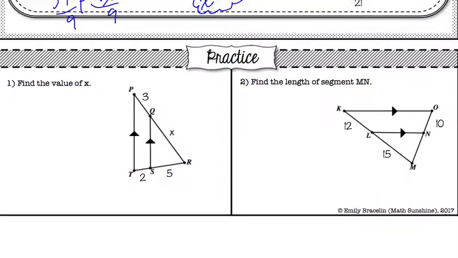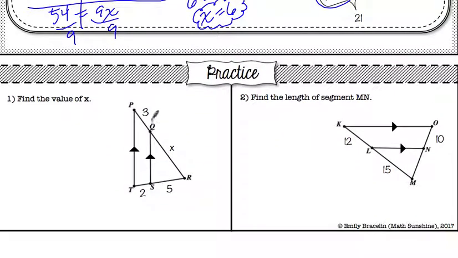Okay, there are 2 practice problems for us to look at. I would like for you to pause the video and try these on your own, but I'm going to go ahead now and answer the questions. So I'm going to set this up, x over 3 equals 5 over 2. Cross multiply, you get 2x equals 15.